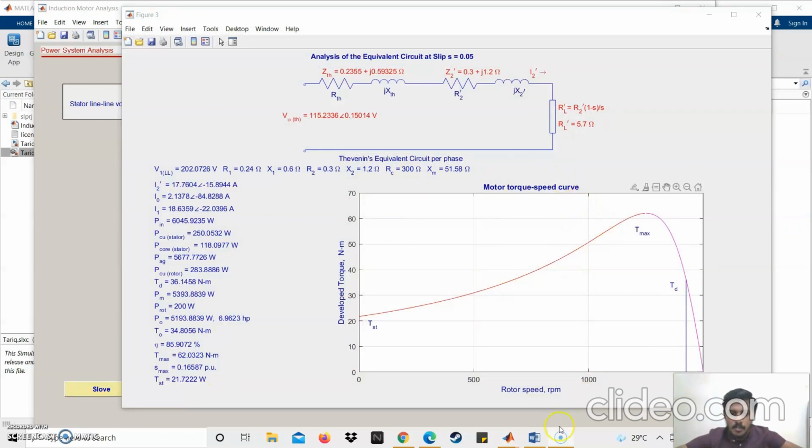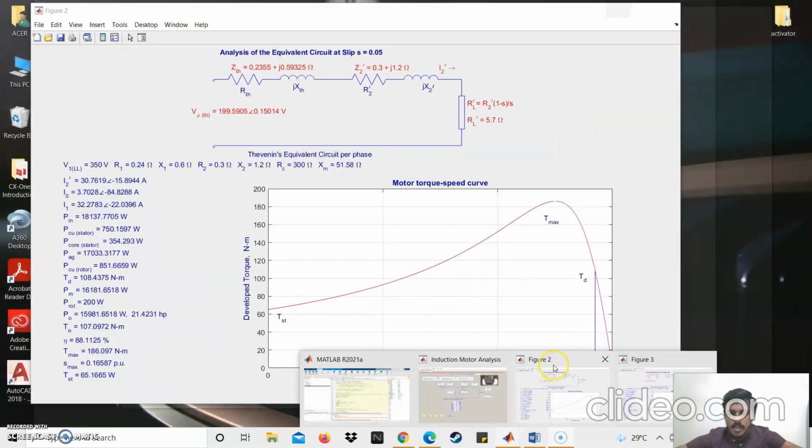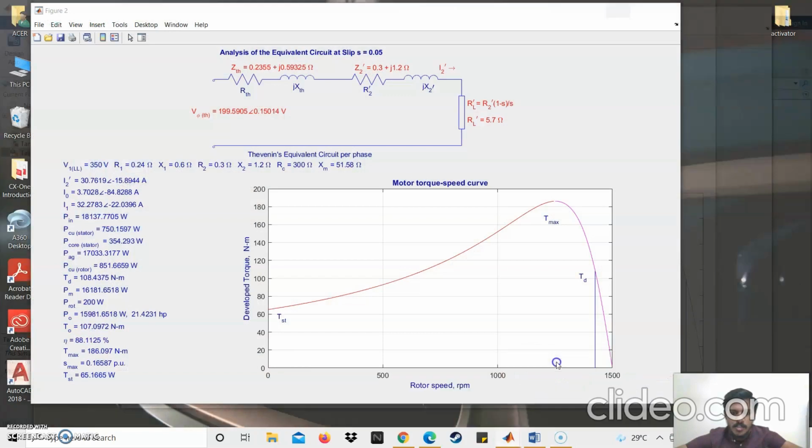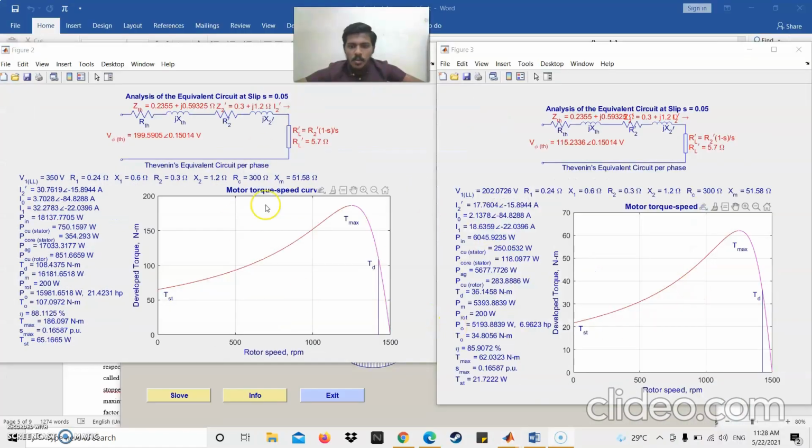So let us compare the first figure and the third figure. Sorry, the second figure and the third figure. So I would like to compare both curves. The similarity is the synchronous speed. Both have the same synchronous speed because the pole and the frequency are the same.